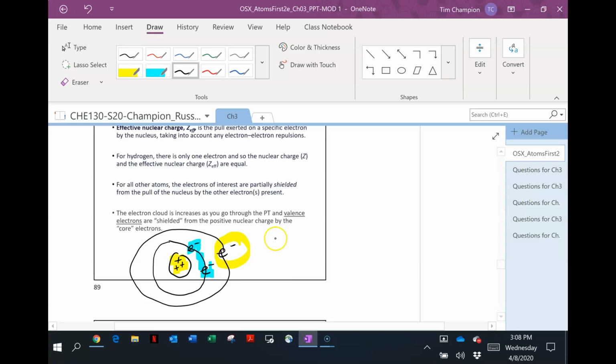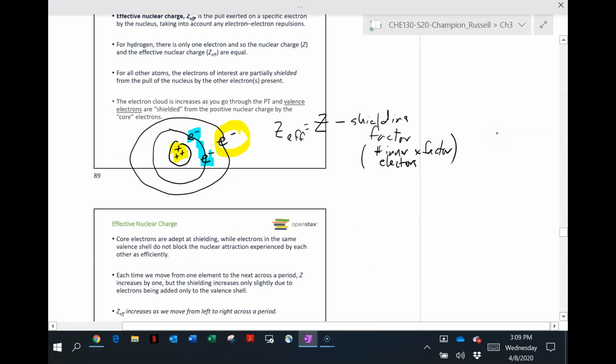So the effective nuclear charge in this case is going to be equal to the nuclear charge minus some shielding factor, and that factor is going to be proportional to the number of inner core electrons. We could get into more detailed ways of trying to predict what that is, but that's really far beyond this course, or even beyond the general chemistry course you'll be taking for the next 2 years.